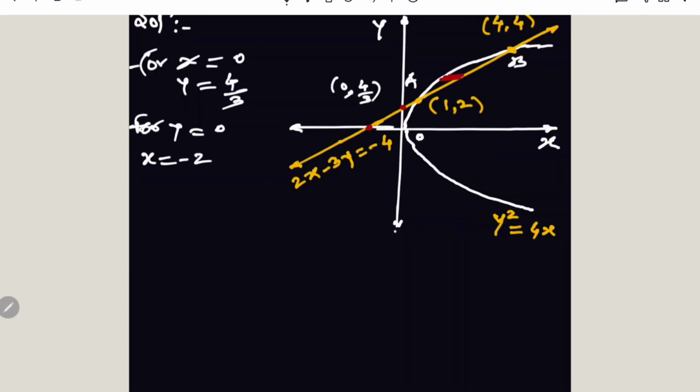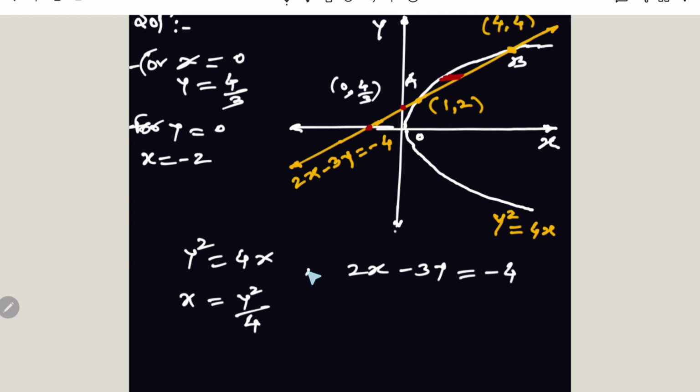Therefore, the two curves are y square equal to 4x, and the second one is 2x minus 3y is equal to minus 4.